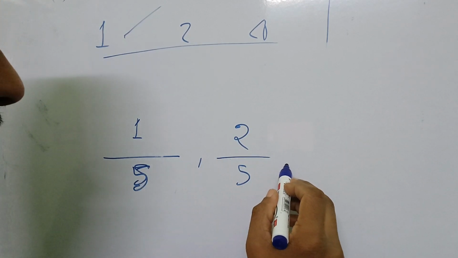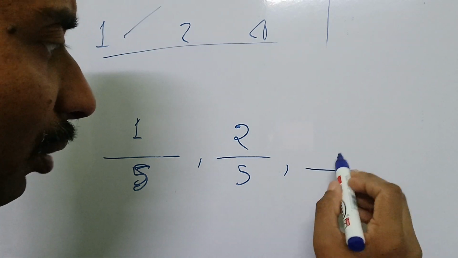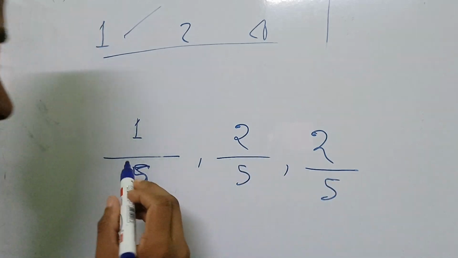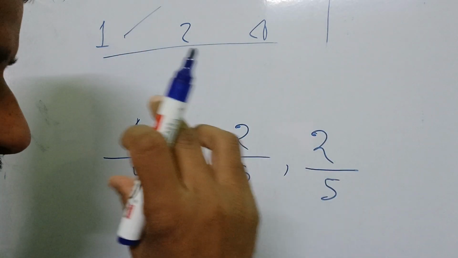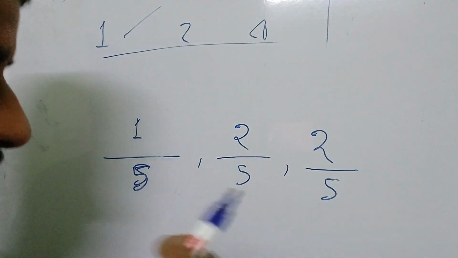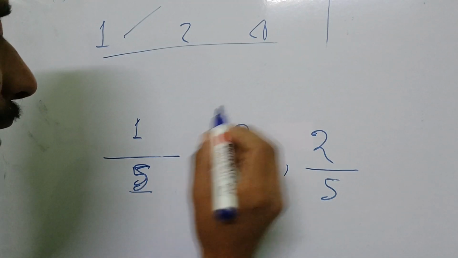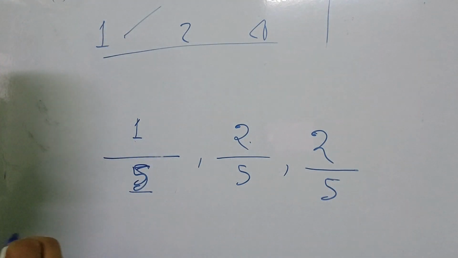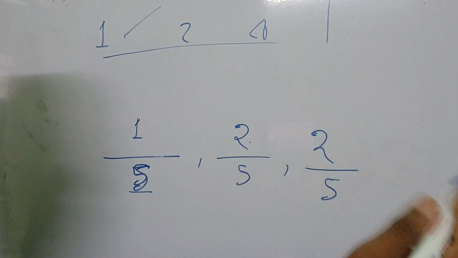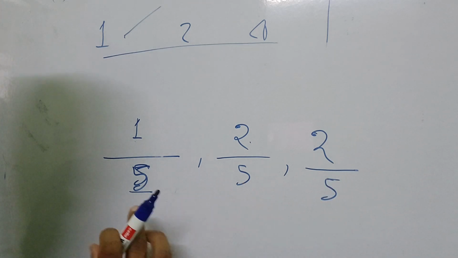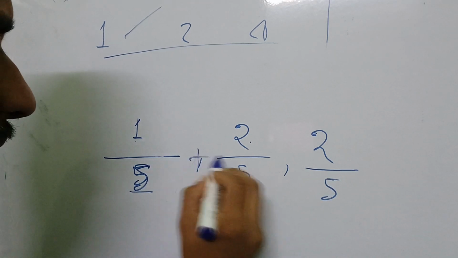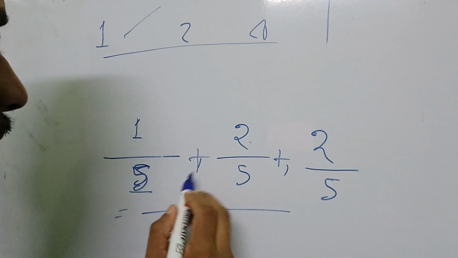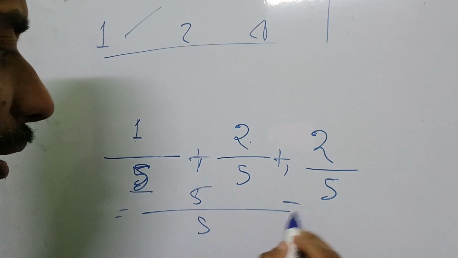Then another 2 by 5 to Neil. The chocolate is divided into equal 5 parts, giving 1 part to somebody, 2 parts to somebody, and 2 parts to another. This means all are fractions. If you sum all the parts, the result would be 1.